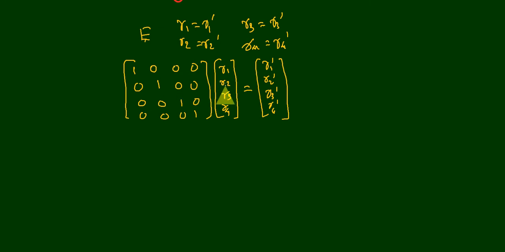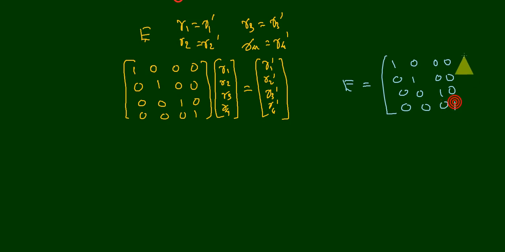Then 1 into R2, that is R2 is equal to R2 dash. R3 is equal to R3 dash and so on. So these equations can be represented by this matrix. Therefore, the matrix corresponding to E is 1 0 0 0, 0 1 0 0, 0 0 1 0, 0 0 0 1. This is the matrix corresponding to E.